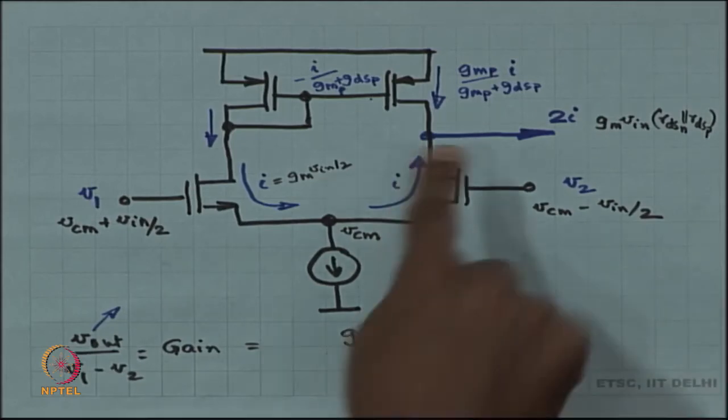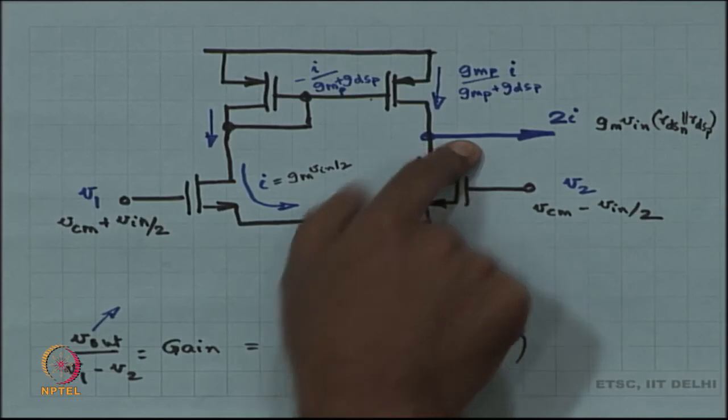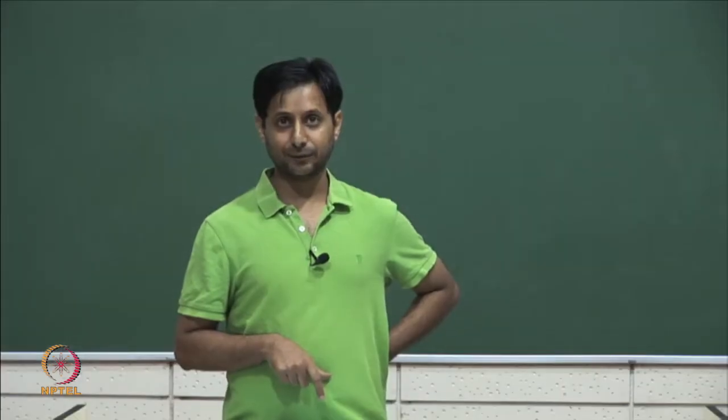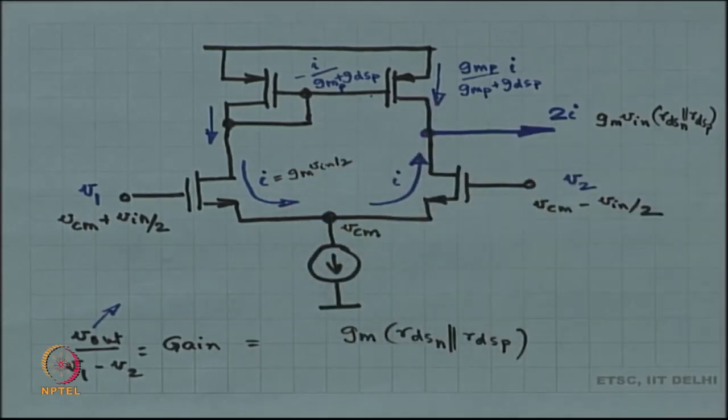This one node has a voltage which is double that of the individual nodes in the other case, but the difference between the individual nodes in the other case is the same as this voltage in this case.